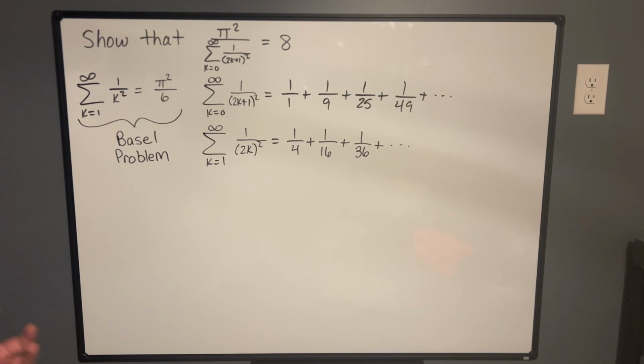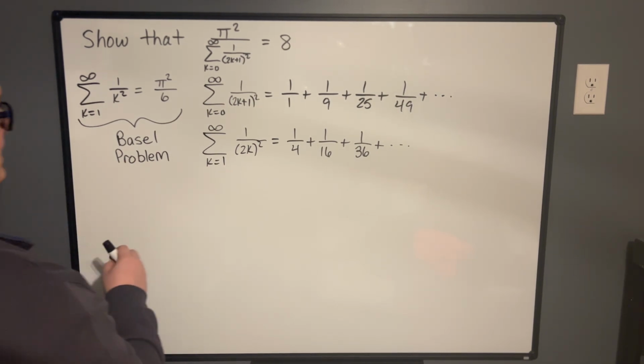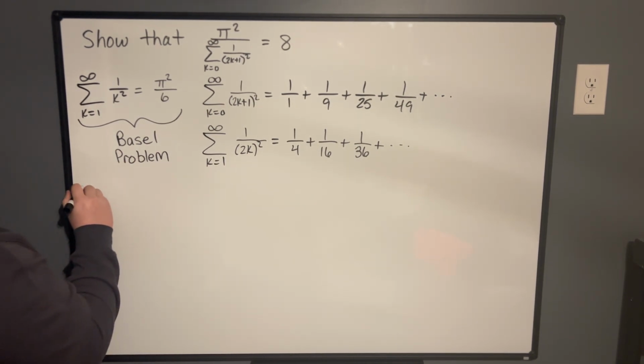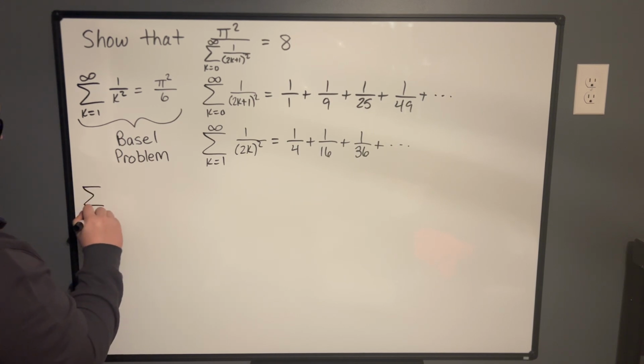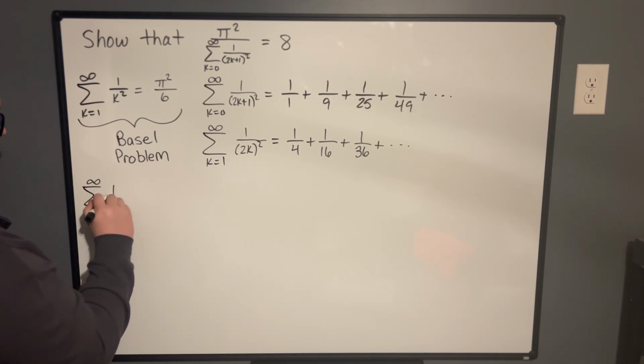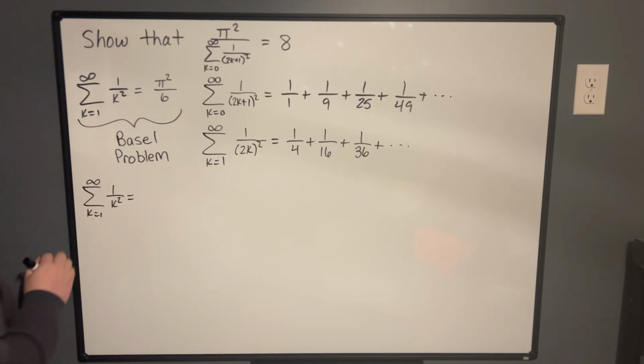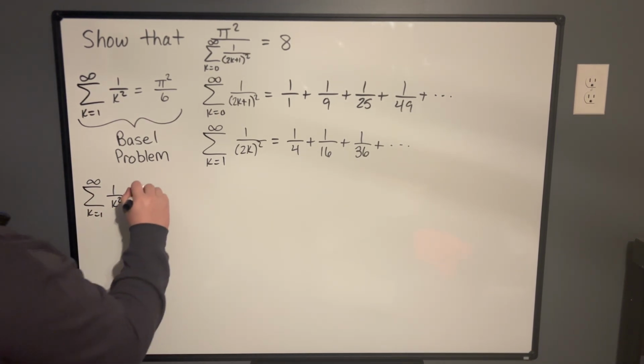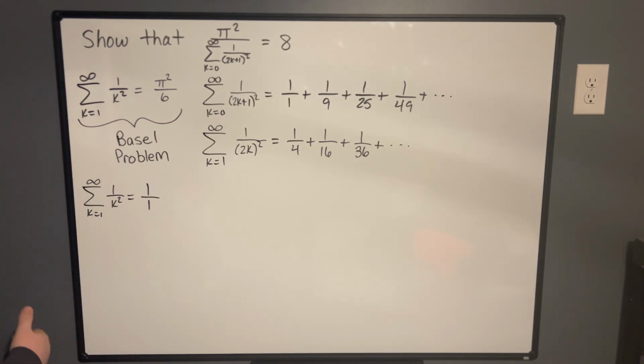The reason that we do this may feel kind of useless right now, but we want to eventually compare this to some numerical value that we know, and that's where the Basel problem comes in. Because if we look at the sum from k equals 1 to infinity of 1 over k squared, let's write out the first few terms of that one as well. If I plug in 1, I'm going to get 1 over 1, which I know these simplify, but we're going to leave it like that for now.